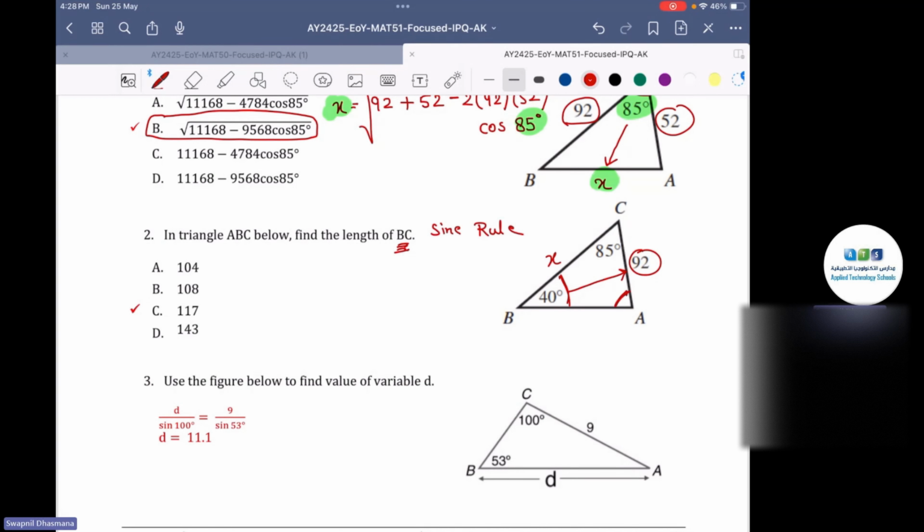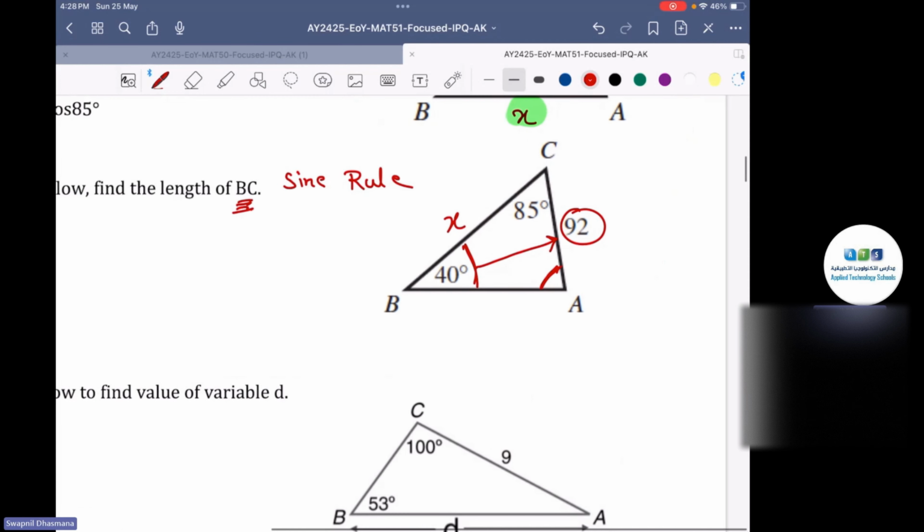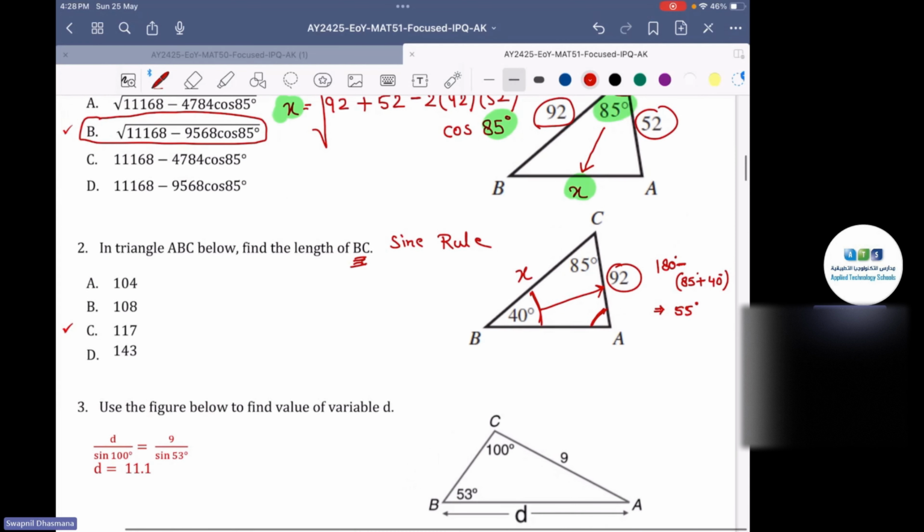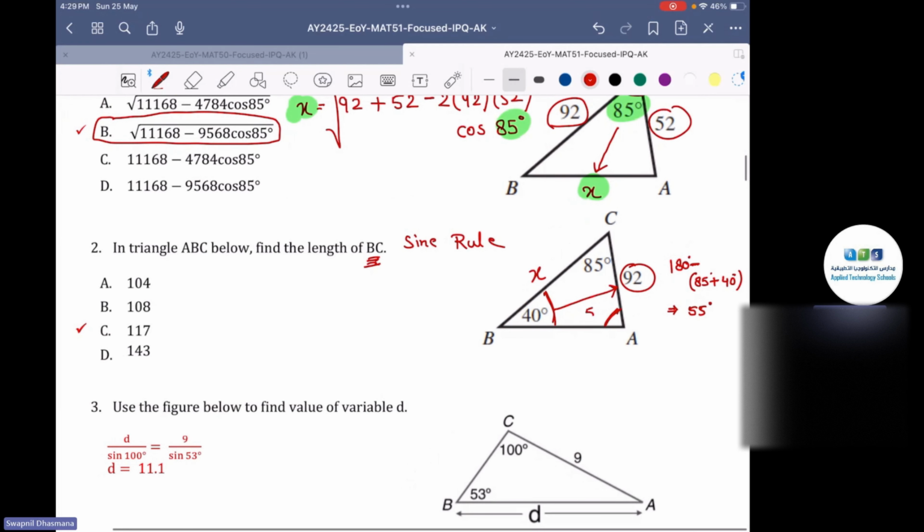I can find this angle by using the angle sum property, that 180 minus, so when you simplify this, you will get 100 minus 45, that's 55. Let me just cross check. Yeah. So this angle is 55 degrees.